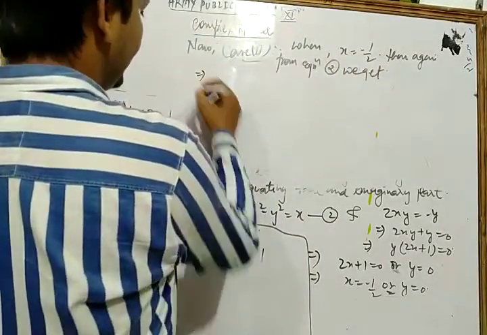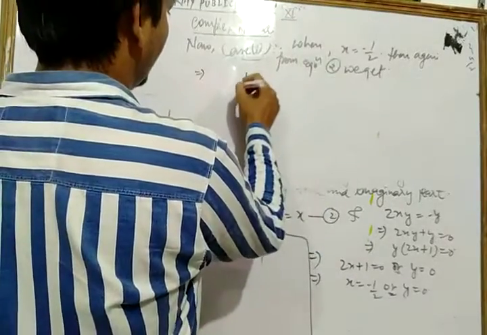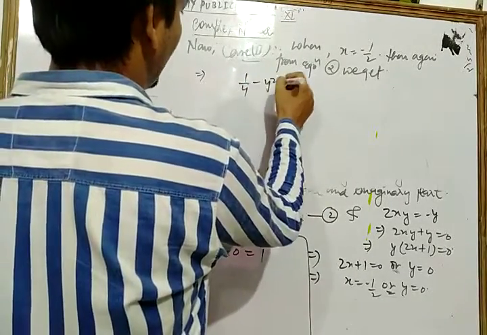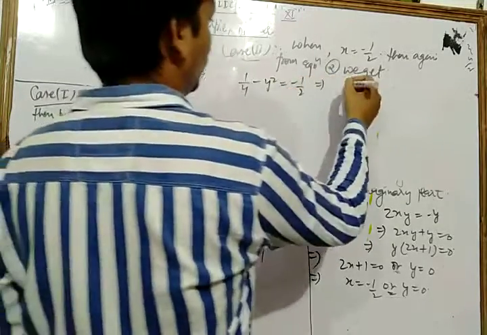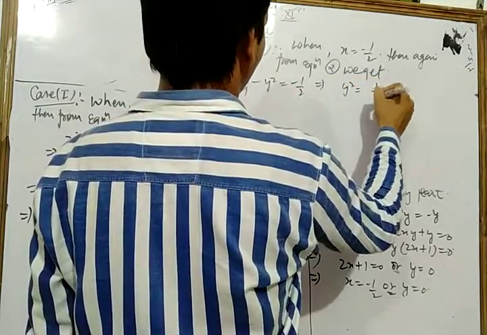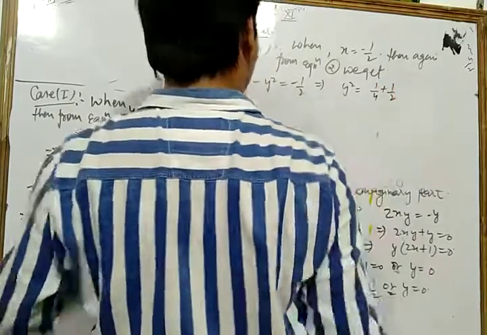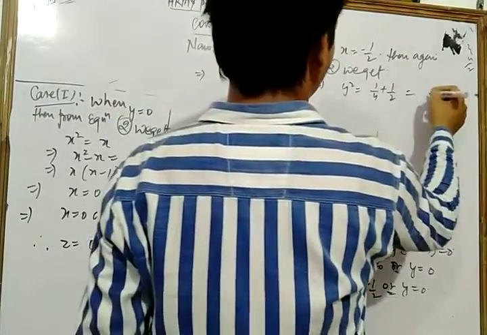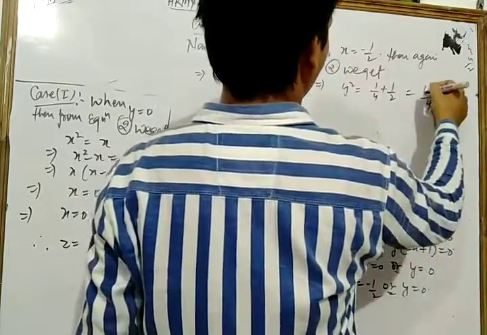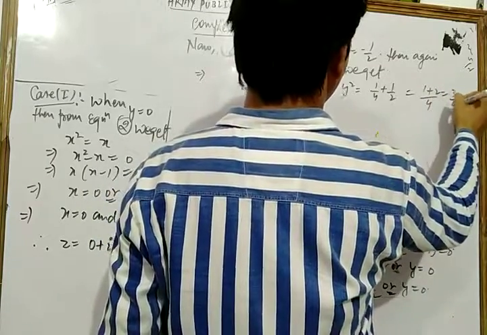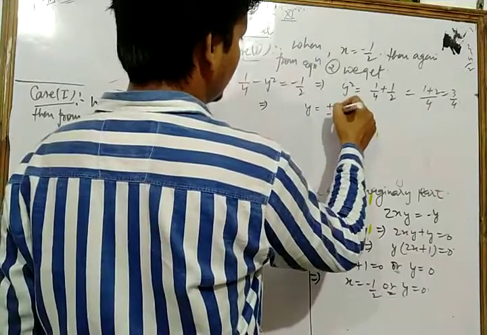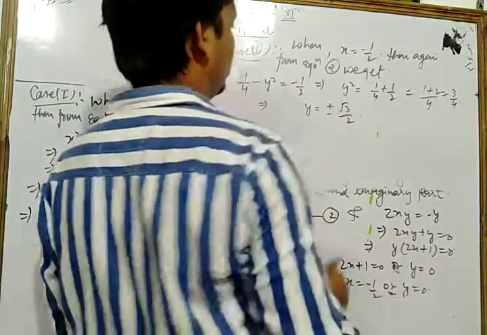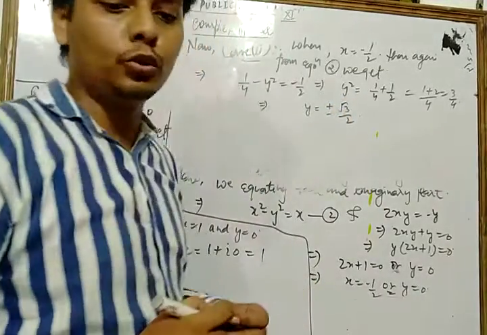Let's see. We have x square, that is 1 by 4, minus y square is equal to x, that is minus 1 by 2. That is, y square is equal to 1 by 4 plus 1 by 2. So we take 4 as LCM, so we have 1 plus 2, that is 3 by 4. So the value of y is plus minus root 3 by 2.